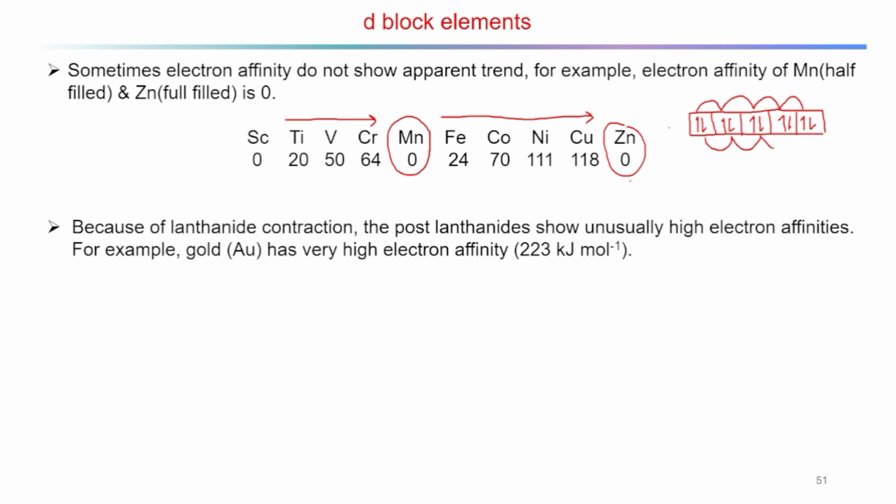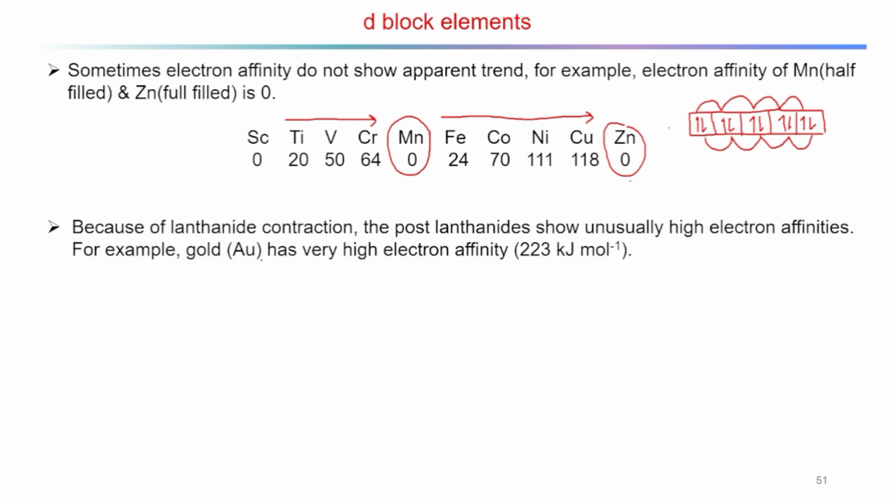Now these 5 electrons can be stabilized due to the exchange energy. Due to exchange of their position, they can give extra stability to this atom. That's why zinc also does not want to get an additional electron. That's why the electron affinity is 0.